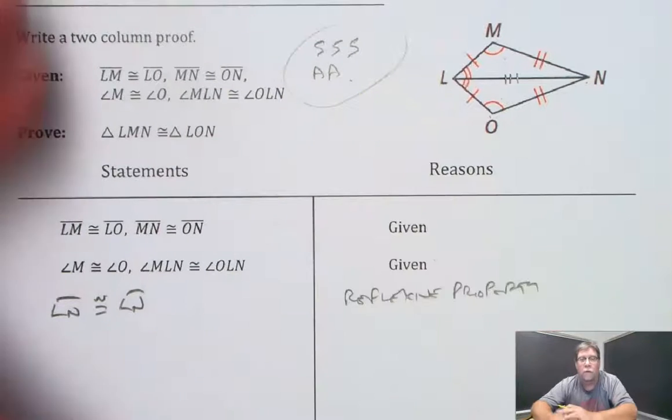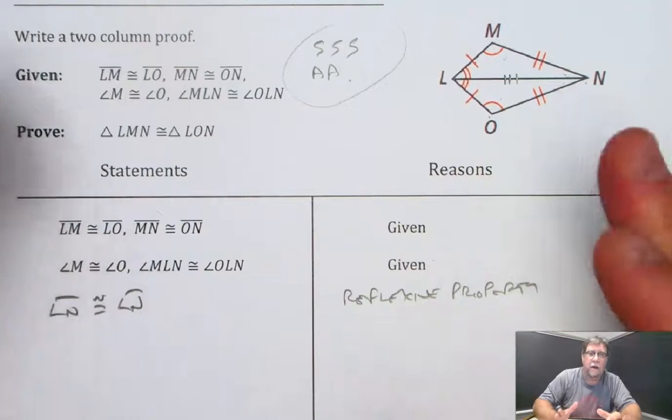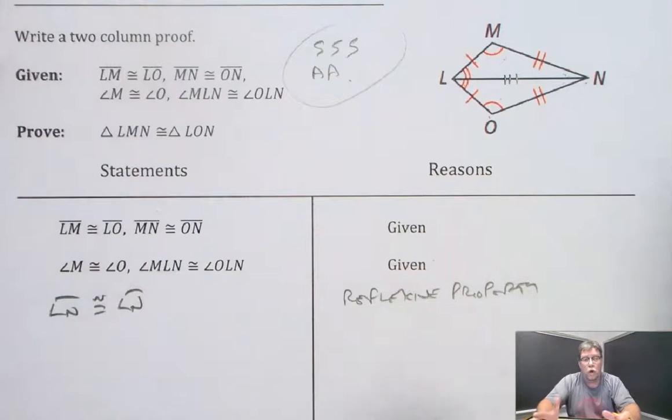I have to find one more thing, the angle. The angle that's not marked is over here. Is there a way to show that they are congruent? And the answer is yes. It came from our notes.